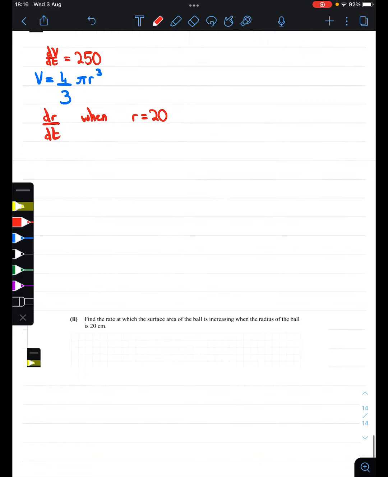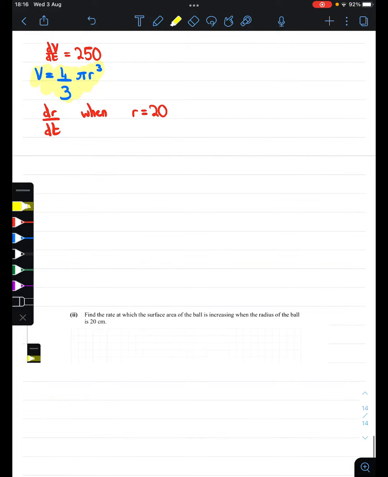Okay, well, if we're going to find dr/dt, then we need to have a formula for r. We have v by itself, but we can use this to get r by itself. So if we have v equals 4 over 3 pi r cubed, and we multiply both sides by 3 and then divide both sides by 4 pi, we will get 3v over 4 pi is equal to the radius cubed.